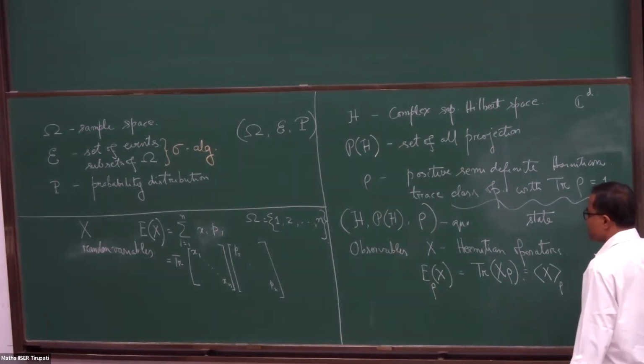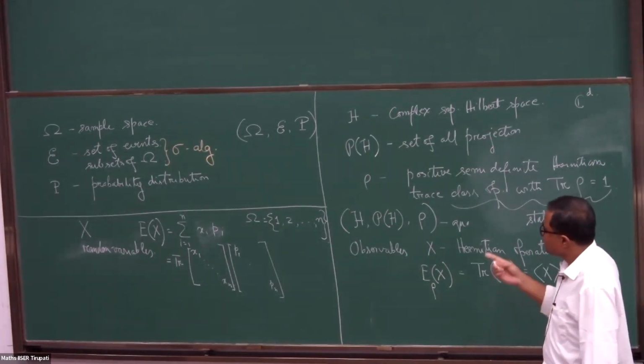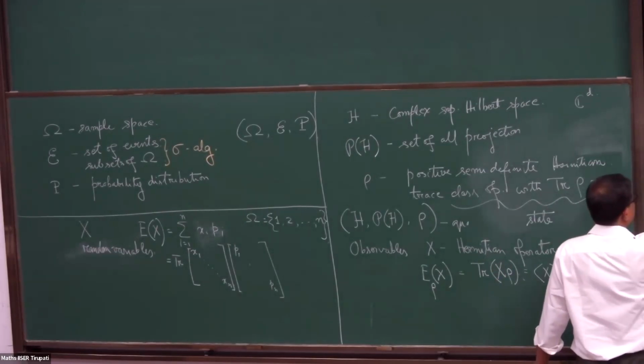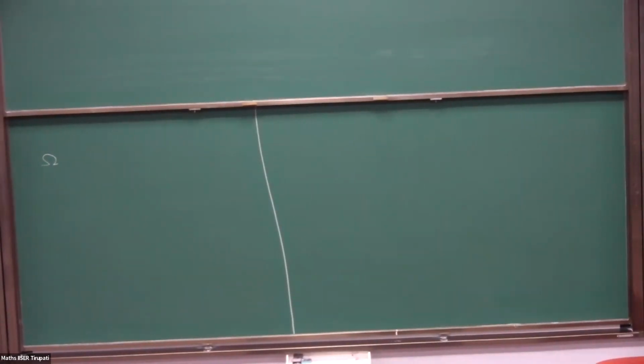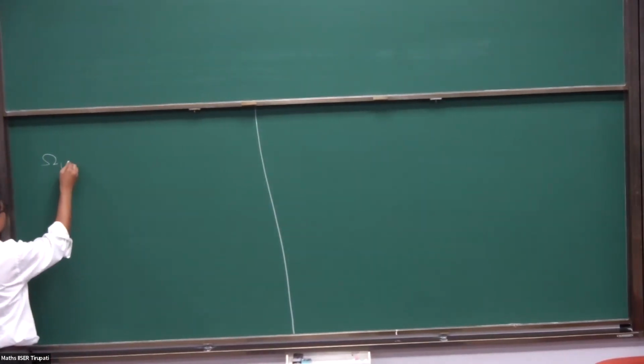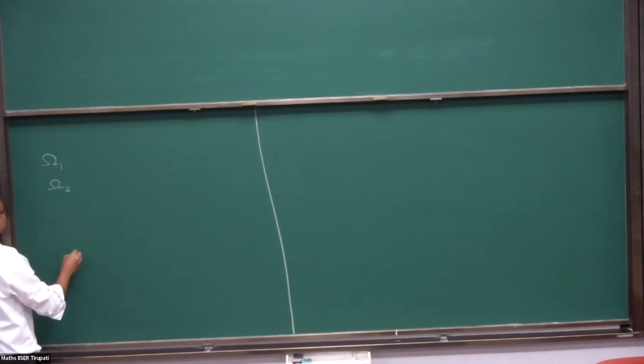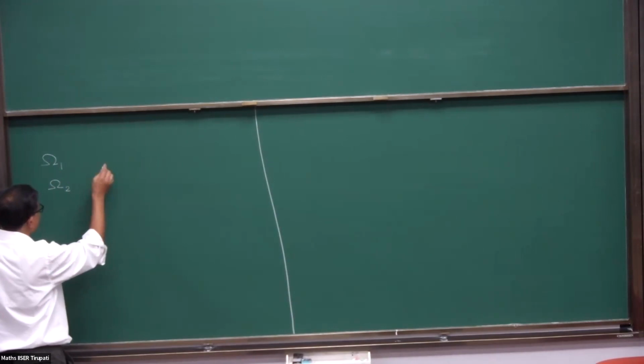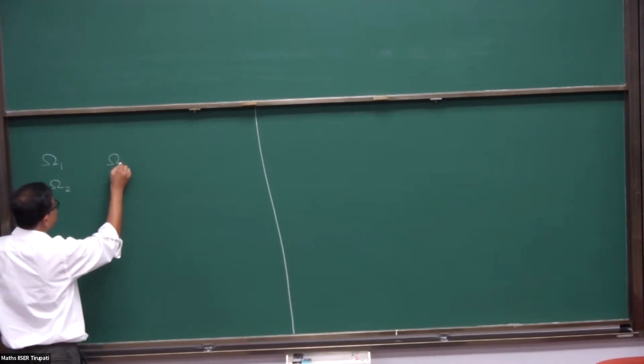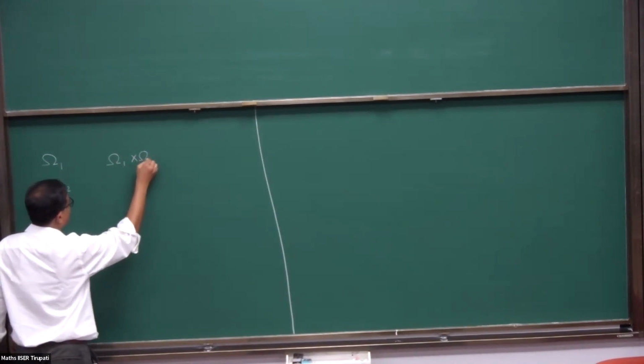When you have two sample spaces, I can drop this set of events because I am not going to discuss more on that. If omega 1 is a sample space and omega 2 is another sample space, then their combined sample space can be written as omega 1 cross omega 2.